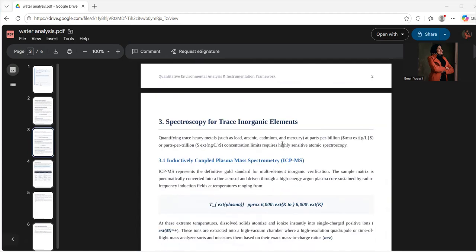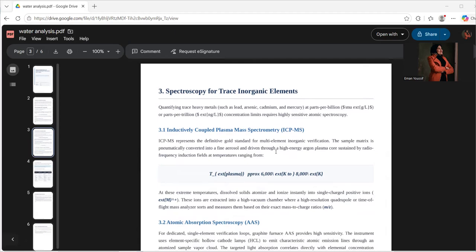Inductively coupled plasma mass spectrometry represents the definitive gold standard for multi-element inorganic verification.